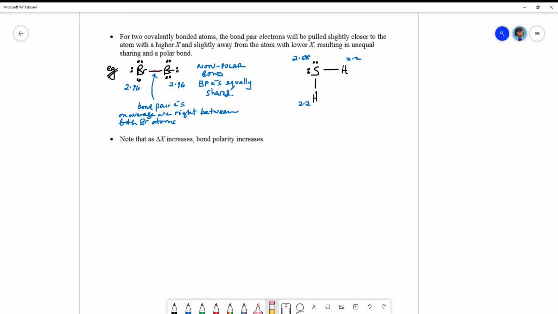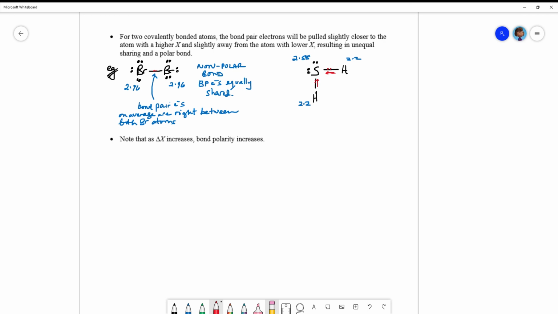So let's take a look at this bond right here, the bond that's going off to the right. That pair of electrons is going to be pulled slightly closer to the sulfur and slightly away from the hydrogen, like so. And the same thing is true for the bond that is going in the downward direction. Again, because sulfur has a higher electronegativity than the hydrogen, those bond electrons are being pulled closer towards the sulfur and away from the hydrogen.